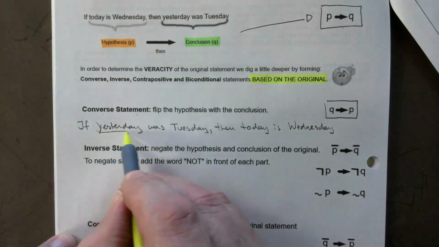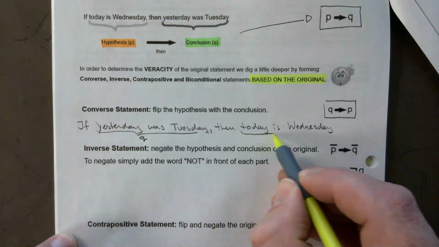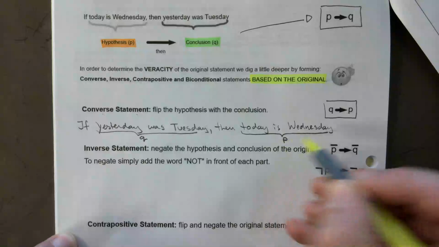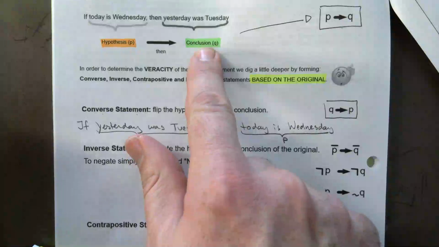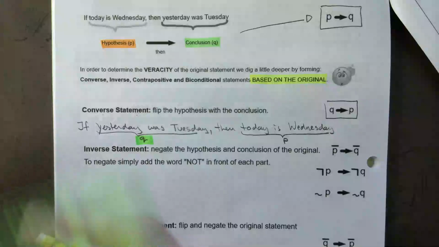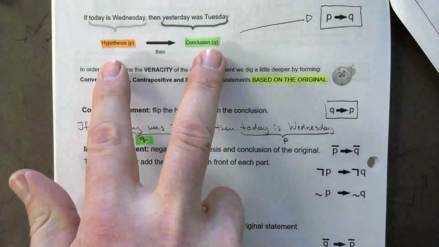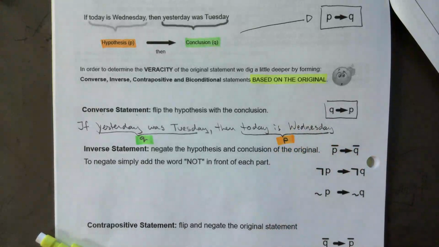So as you can tell, the Q came up front, the P is now after. So using those same colors that I had up there, I'm just going to make sure you understand. The converse, if you say the converse, you just take what you were given, the original, and just flip it. You flip the P with the Q.